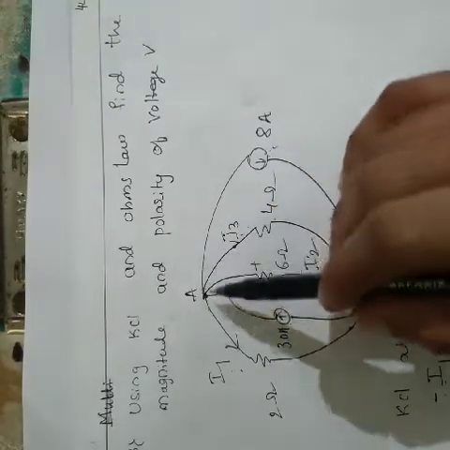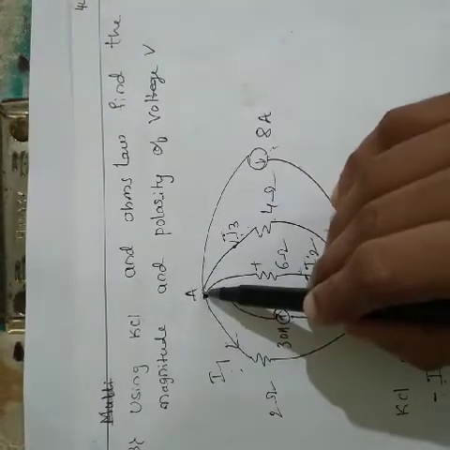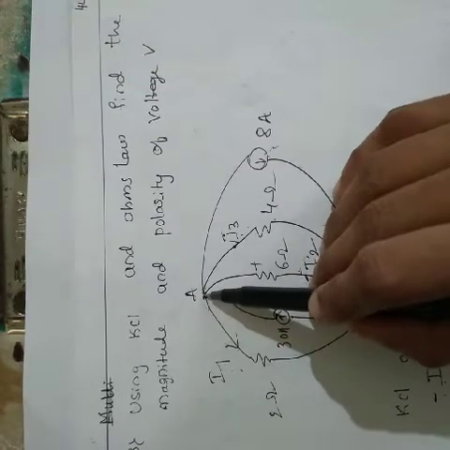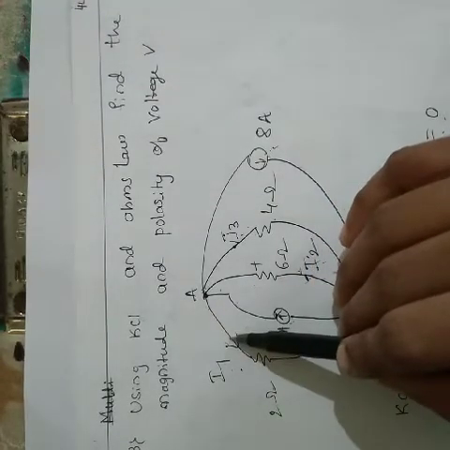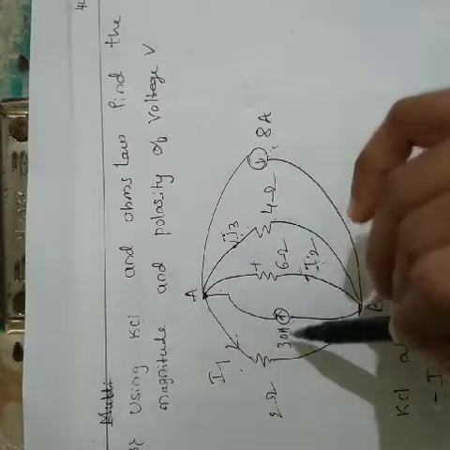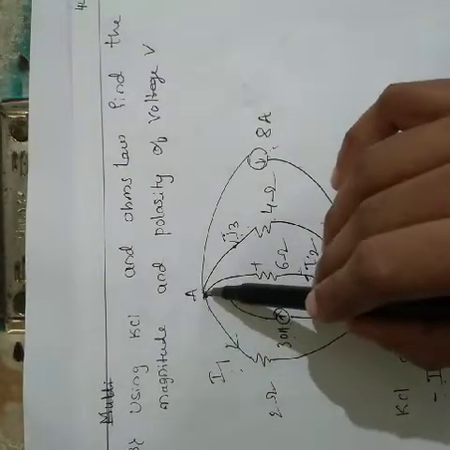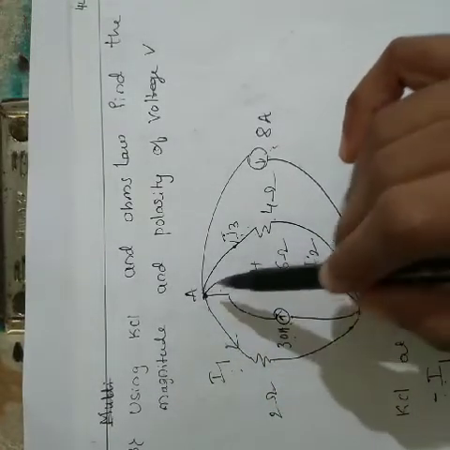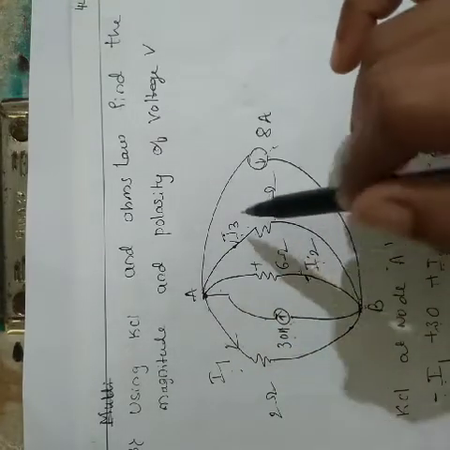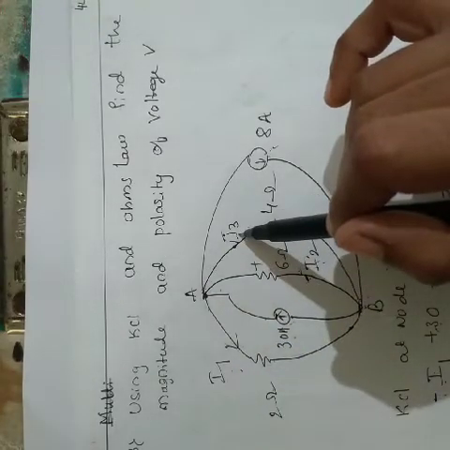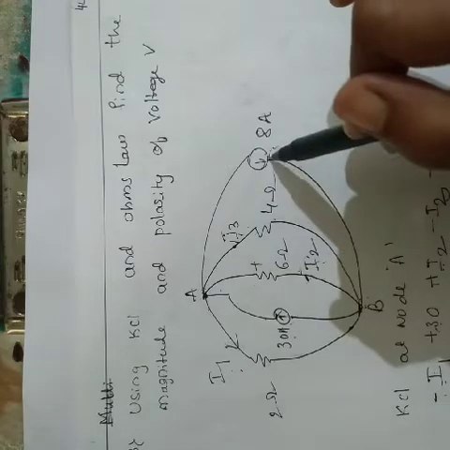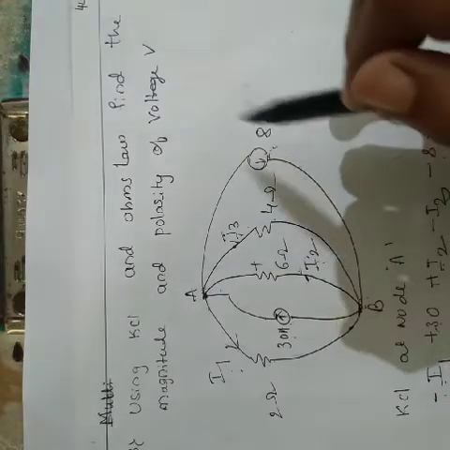Now apply KCL at node A. Considering node A, I1 away from the node is taken as negative sign. This 30 ampere towards the node is taken as positive sign. I2 towards the node is taken as positive sign. I3 away from the node is taken as negative sign. 8 ampere away from the node is taken as negative sign.